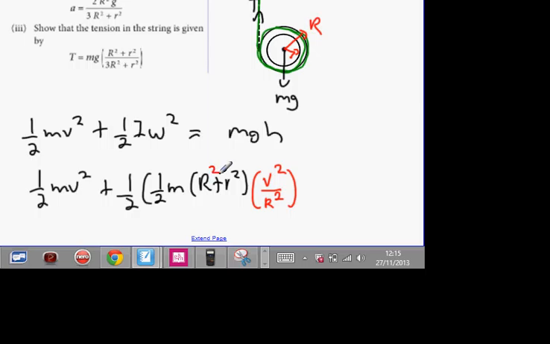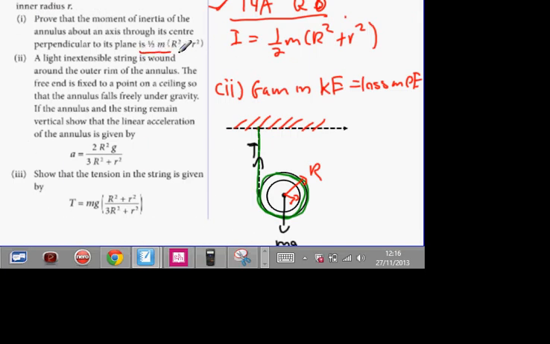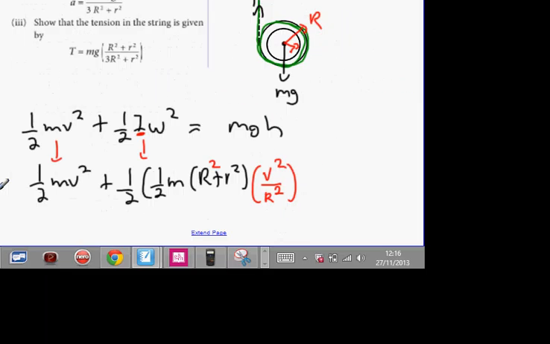Okay guys, a half mv squared is the kinetic energy. This is the rotational kinetic energy. I is the inertia of the hoop, and we know that from part 1, the proof that was on exercise 1. Replace I with a half m, big R squared plus small r squared. Now I had to figure out what is the story with the angular velocity.